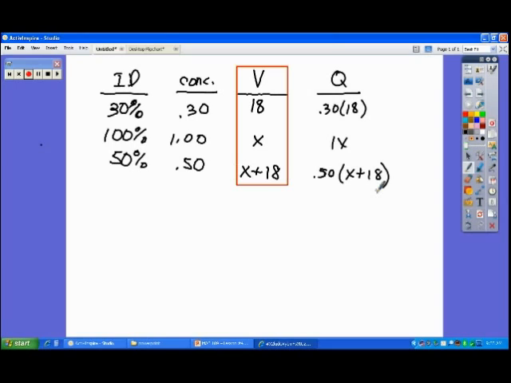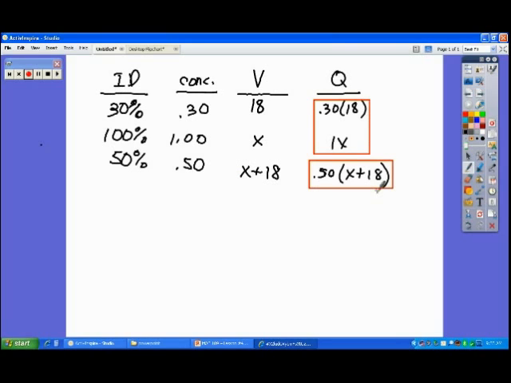Right. This column and this column, the sum of the first two must add up to give you the third one. We've already used that to get this here, so we can't use it again. There's no new information. But we have not yet added these and set them equal to that.